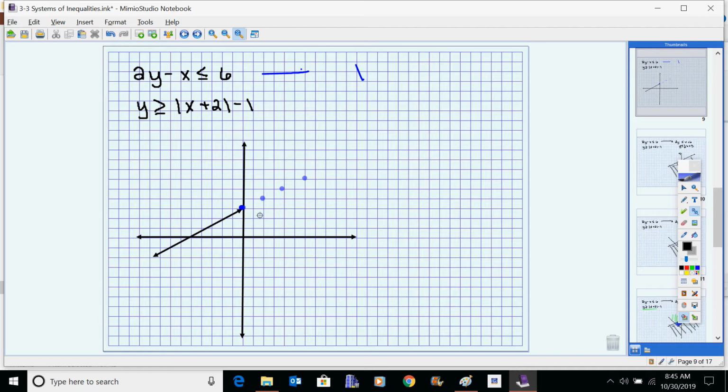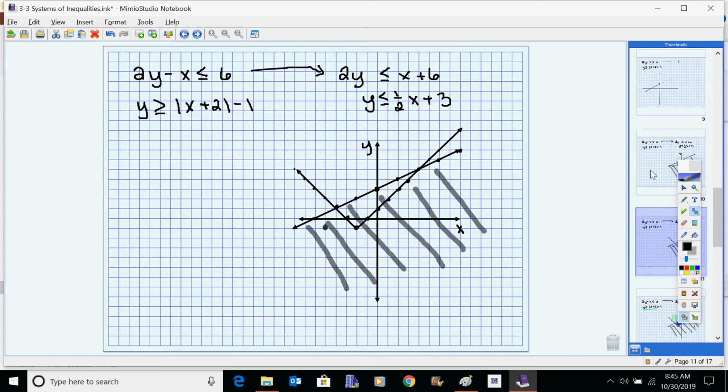Below. Okay, so you're going to make a nice graph, and it'll be below. You could plug 0, 0 back into the initial one to find the test point if you want to be absolutely sure. So 0 is less than 6, which is true, which also brings it down and below.